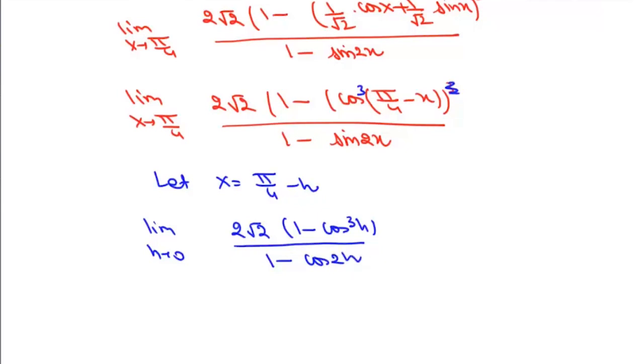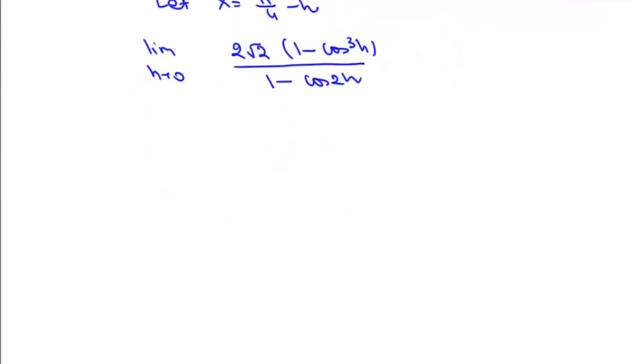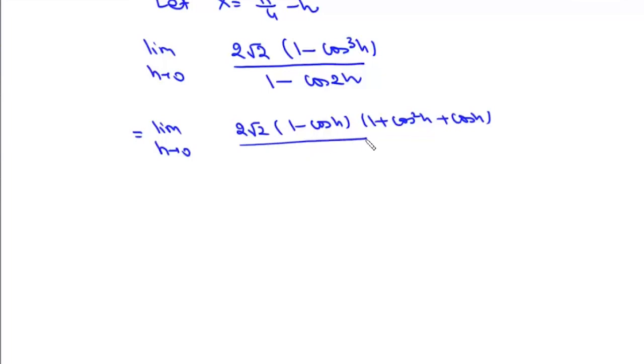Now we can write this as limit h tends to 0, and it will be this 2 root 2 (1 minus cos h)(1 plus cos square h plus cos h) upon 1 minus cos 2h.